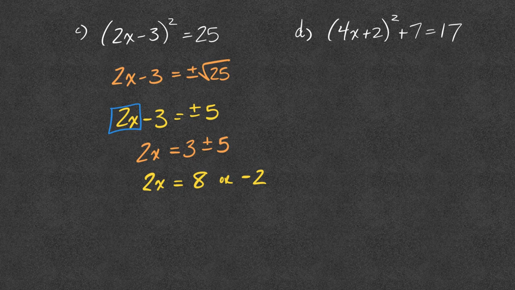This is where it can sometimes get a little awkward. The next line might be to get rid of your times by 2, because I need to isolate my variable. I need to divide by 2. I just need to make sure that I divide both of those solutions by 2. So I'm going to end up getting 8 divided by 2, which is 4, or negative 2 divided by 2, which is negative 1. And there's how I can solve that equation.